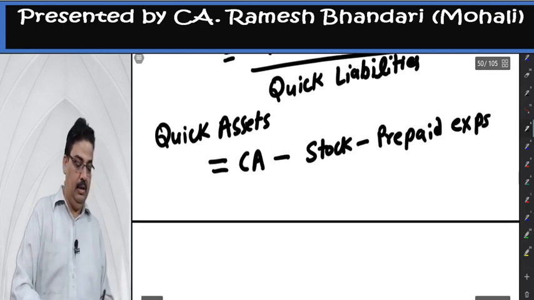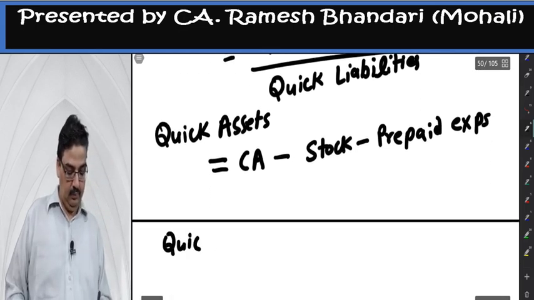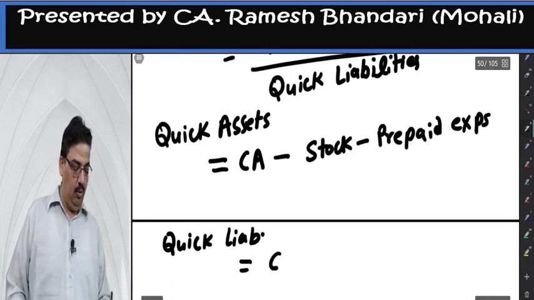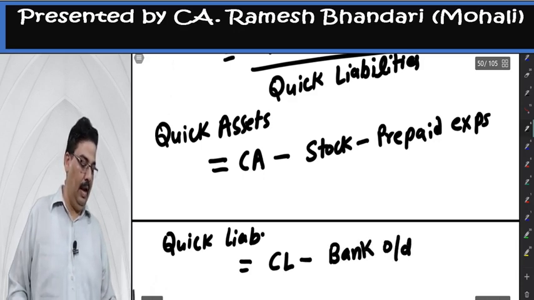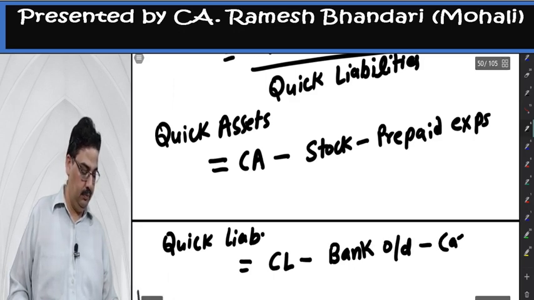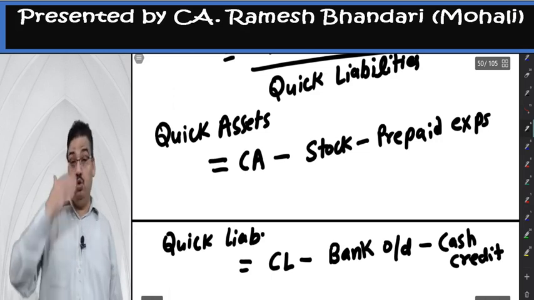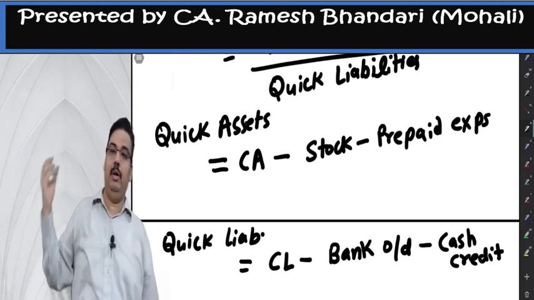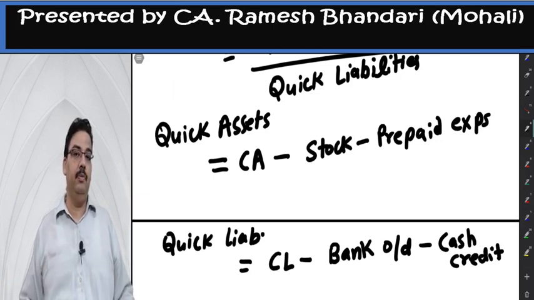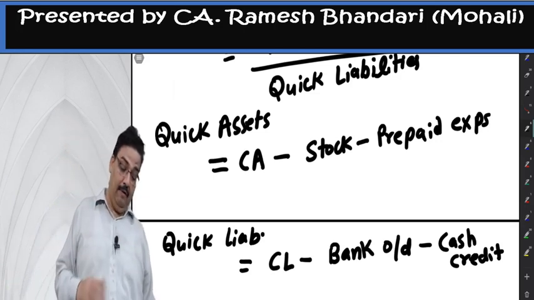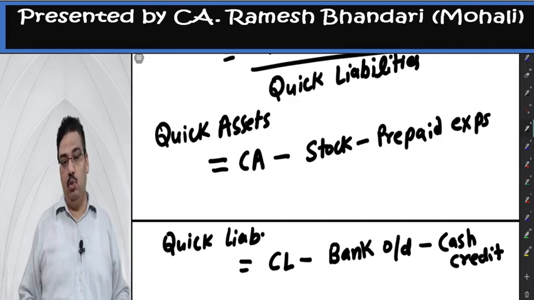And quick liabilities is equal to current liabilities minus bank OD and cash credit. So if there is no bank OD or cash credit, then quick liabilities and current liabilities are equal. You can use them interchangeably then. But technically, if there is bank overdraft, it is to be deducted for getting the quick ratio.